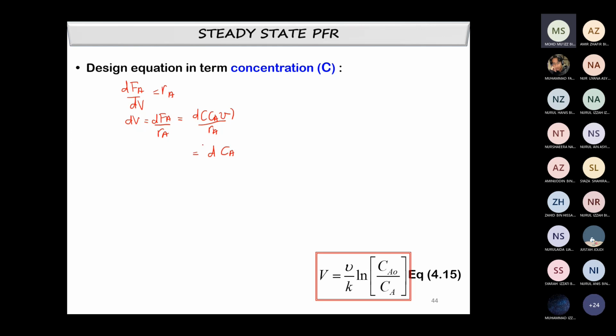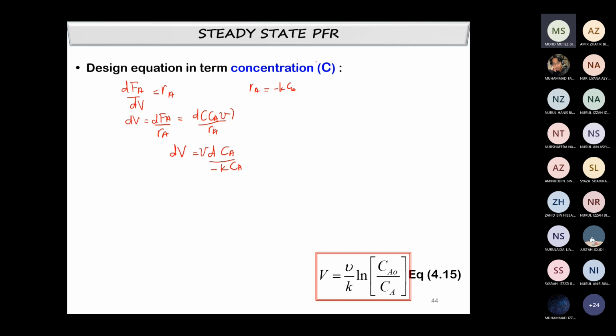Okay, V ni kita boleh bawa keluar lah sebab dia single value sahaja. Okay, so over dengan RA tadi kita ada KCA. Okay, sebab kita ada first order. So RA right low adalah negatif KCA. Okay, so negatif KCA. Okay, so this is DV.